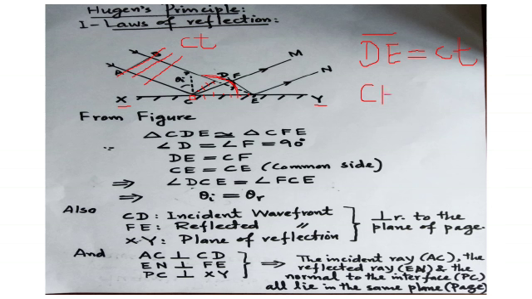CF is the radius of the secondary wave produced at point C. This radius will be, because the light is reflected in the same medium, again the speed of light c times t.